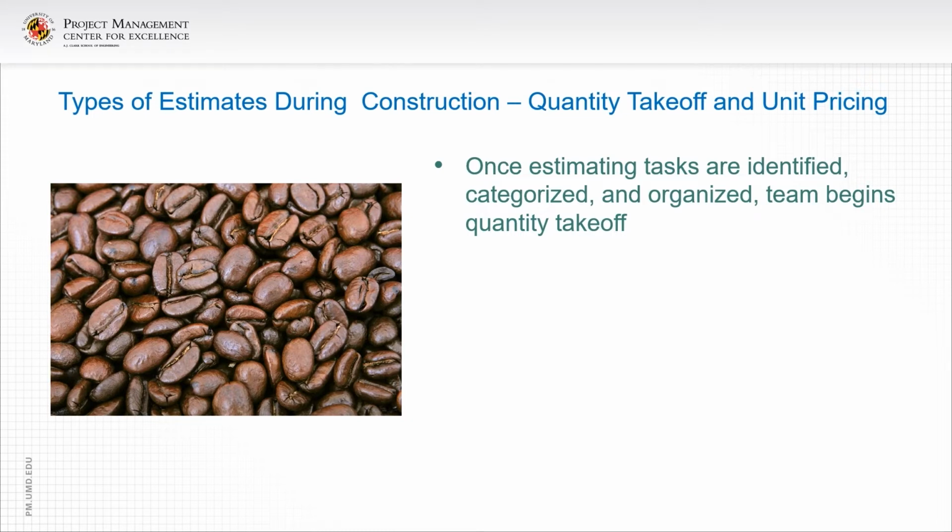Most estimators use the CSI's MasterFormat 50 Division methodology. The goal of the quantity takeoff process is to calculate every item of the project, no more, no less. To effectively accomplish this, the takeoff must use the correct units.